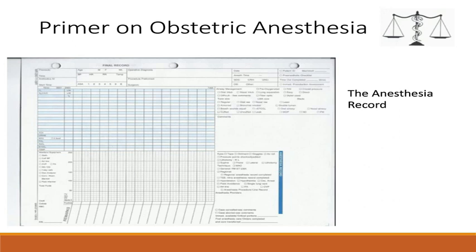At the top is a space for the diagnosis and the surgical procedure being performed. At the right top is information regarding the anesthesia technique and airway management. Lower down is a list of the gases and medications that are given, and there's space for documenting the dosage and the timing of administration.